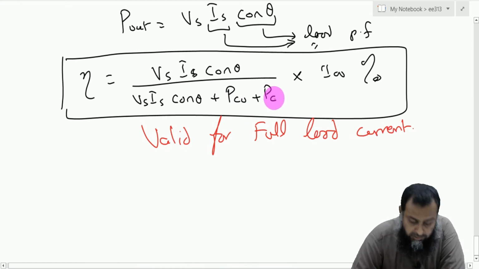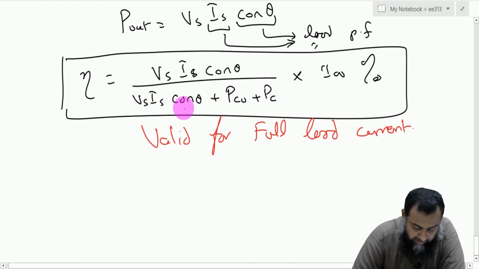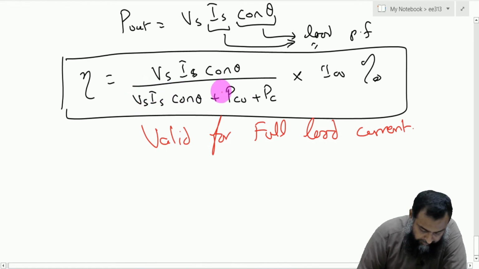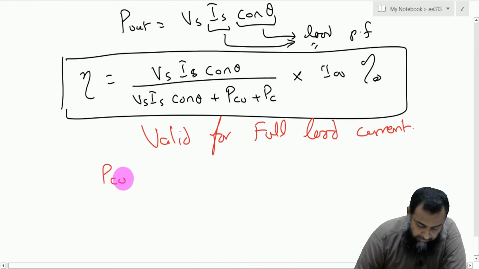Because this PC is fixed, this is a standard expression for the output power. So for this P copper, for example, we have P copper is equal to I square in full load into the R equivalent, right?